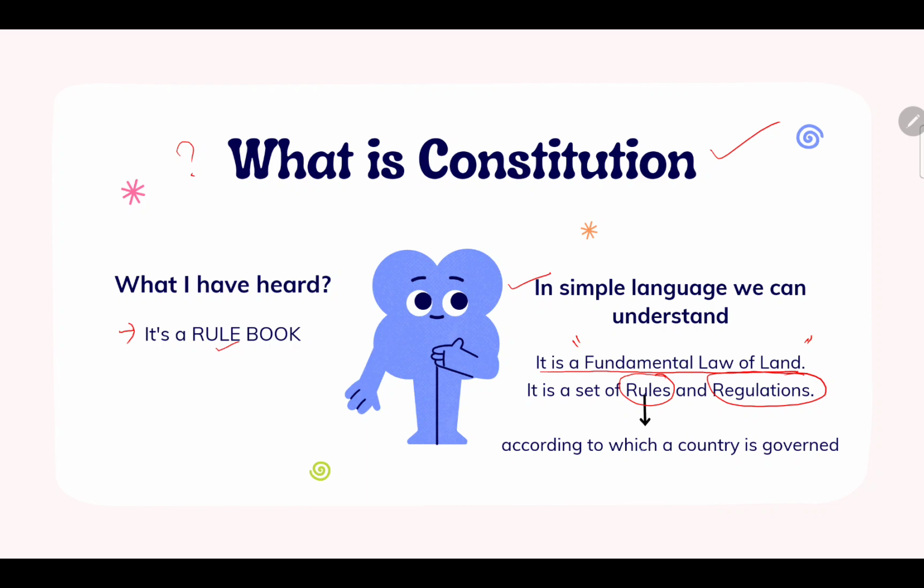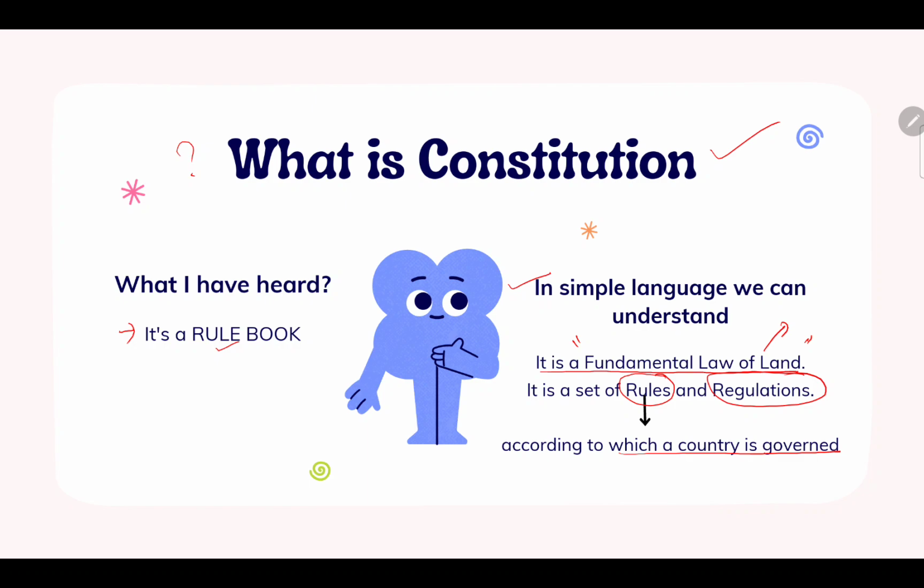These are the rules according to which a country is governed. It is a fundamental law of land, which means every individual, every citizen, irrespective of caste, color, creed, gender, sex, etc., has to follow the law prescribed by the country.